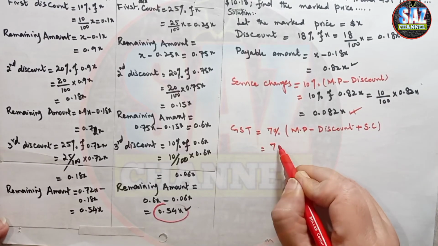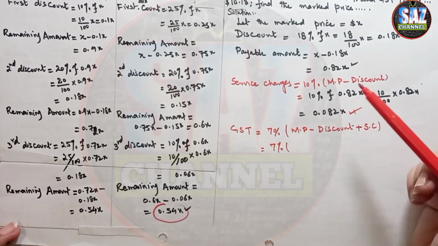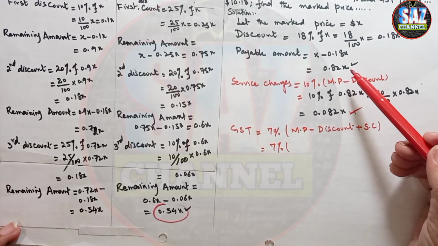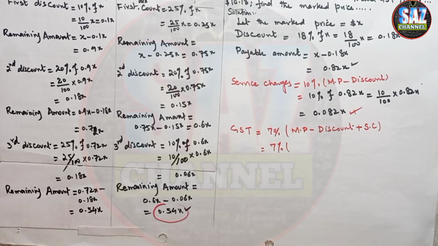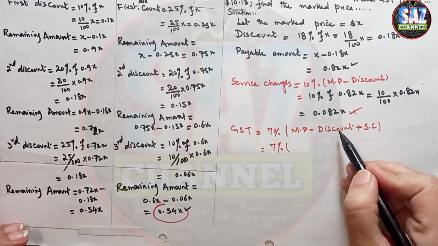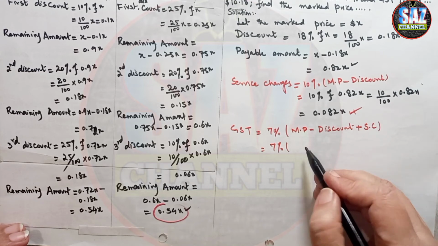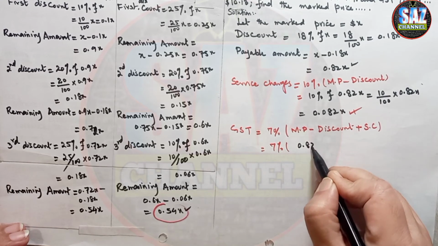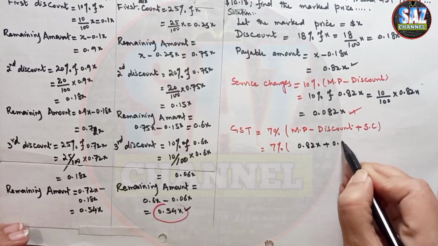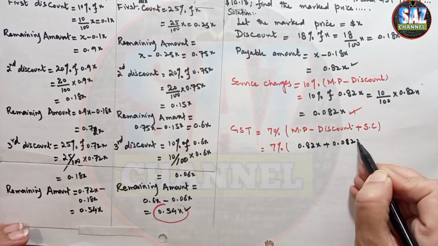So 7% of mark price minus discount, which is 0.82x, plus 0.082x.